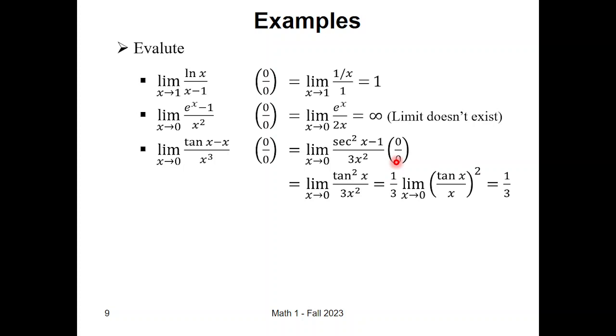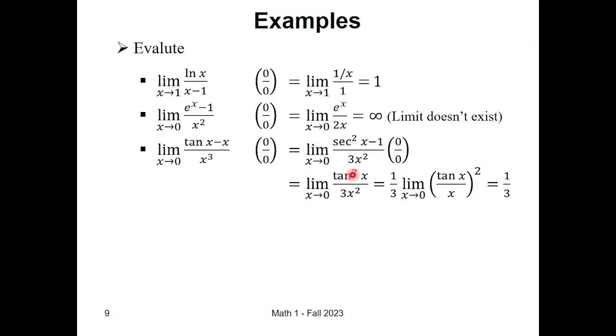But in general, we have a very important note here. If you want to apply L'Hopital's rule, be careful. You have to make some simplification of the function first before applying it again. Because if you do not make this simplification, you may continue forever, getting 0 over 0, 0 over 0, 0 over 0. So in this case, we try to make some simplification.